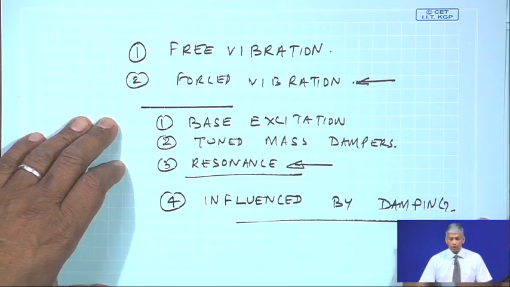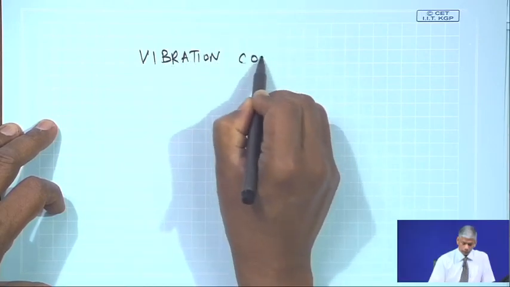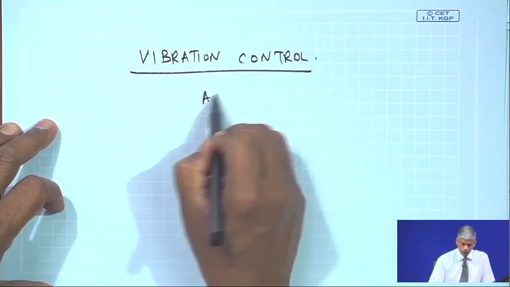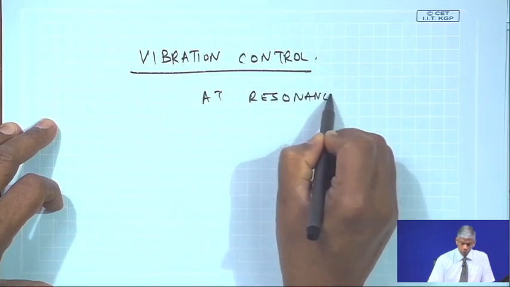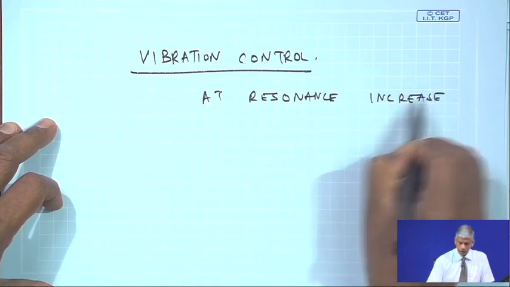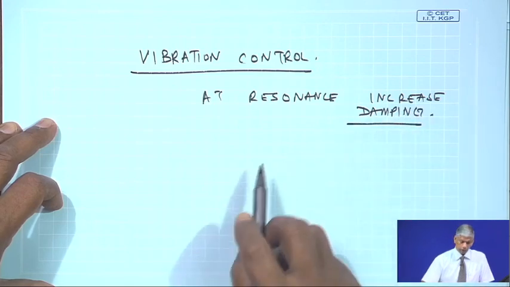Okay. But then we will see, as I was telling you, vibrations is undesirable, but what if vibrations does exist? So, we need to see how can I control the vibration. So, at resonance, we can increase damping to reduce the vibrations.